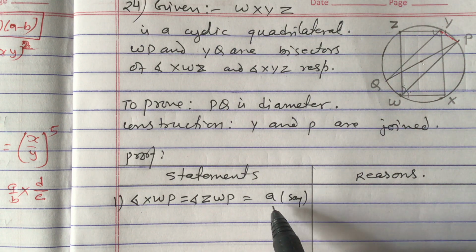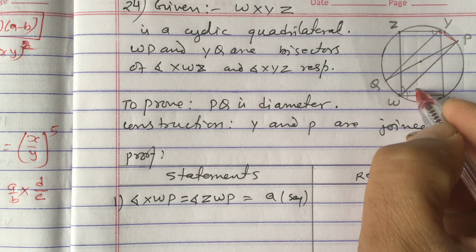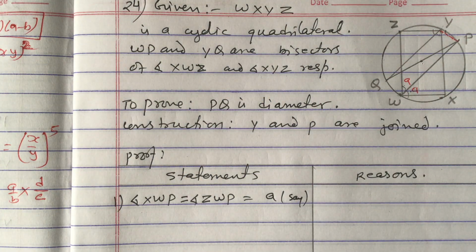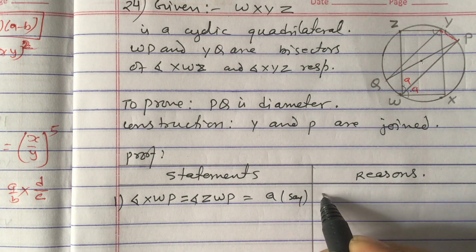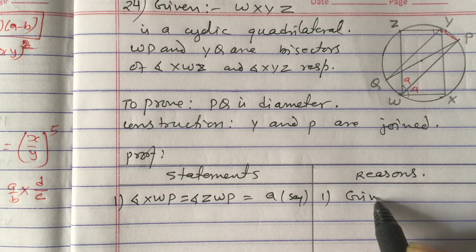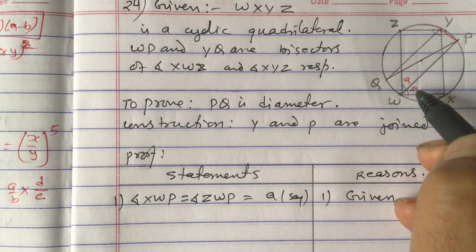We can consider like this. If you suppose this angle as A, this also A. Yes? Now, if you consider like this, then number 1, this is given, because WP is the bisector of this angle.